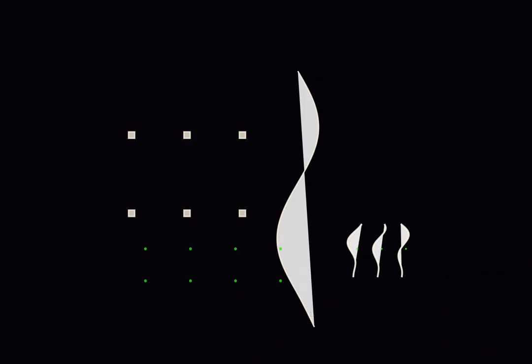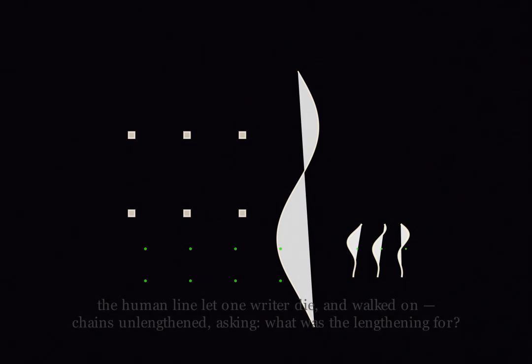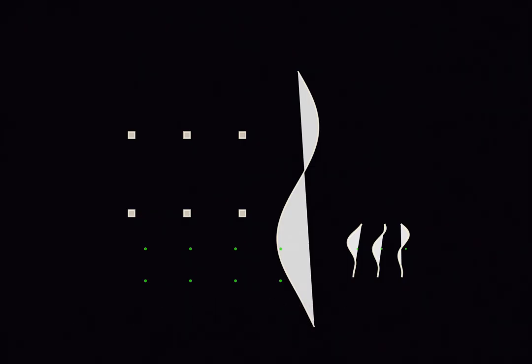And the human line has let one of its writers die and walked on, chains unlengthened, asking without asking, what was the lengthening for? The next chapter goes to the one place such questions can be put cleanly, a small creature in pond water with exactly one kind of stone that answers with its life.